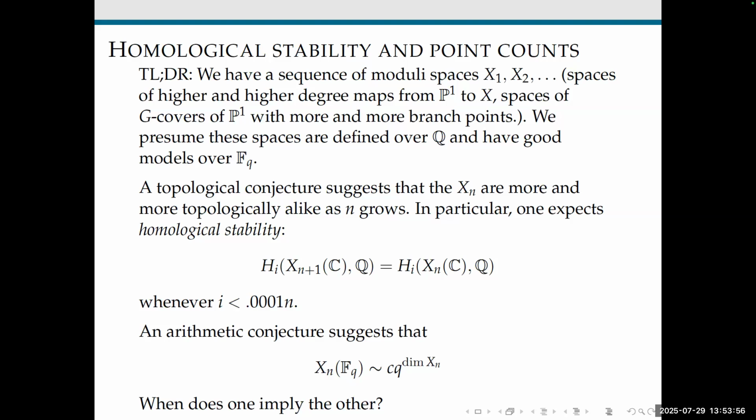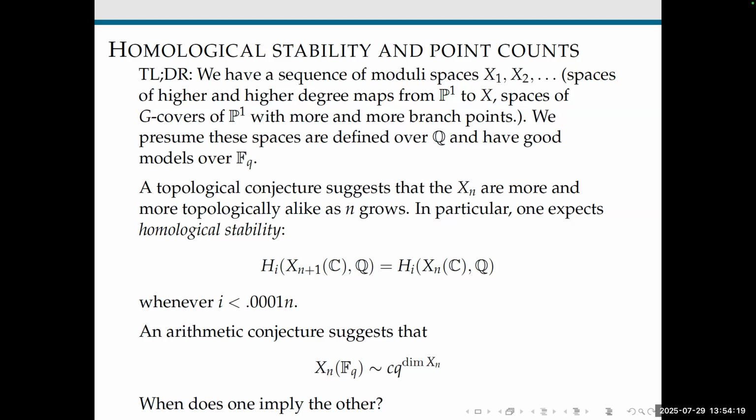This is a very elementary heuristic that works surprisingly well: if somebody tells you, I'm thinking of a secret variety, and it's n-dimensional, how many points does it have over F_q? What should you say? You should say q to the n, right? What else would you say?